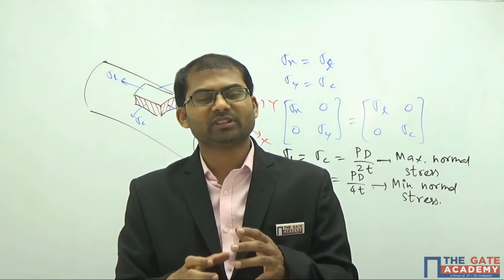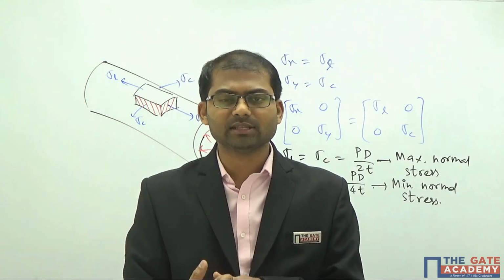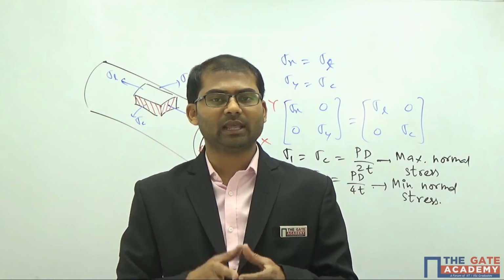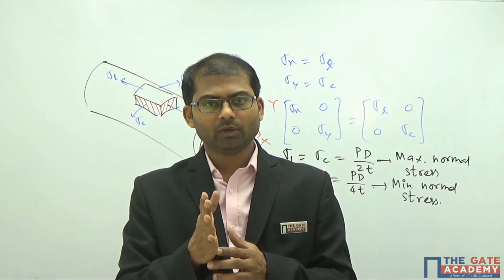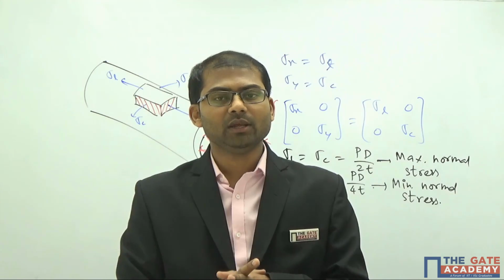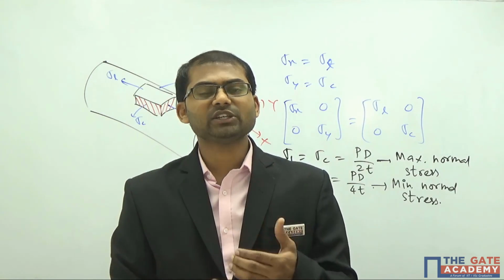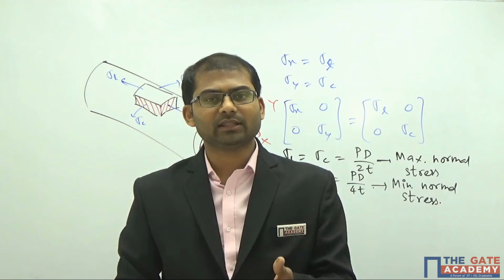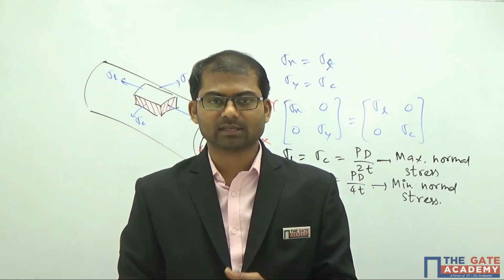So we don't consider it a thick cylinder, but in fact we are considering it as a thin cylinder. As we are considering it to have a negligible amount of material along the thickness of the cylinder, the stress induced is neglected. So that's why in the assumptions I have written that radial stress is neglected in the thin cylinder.